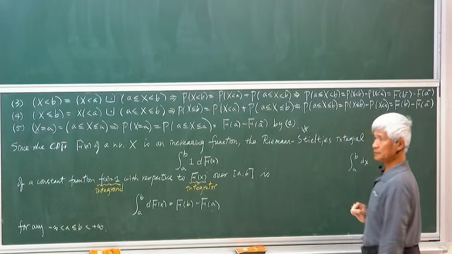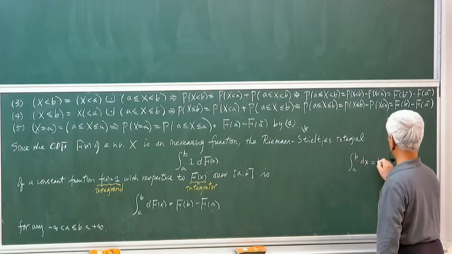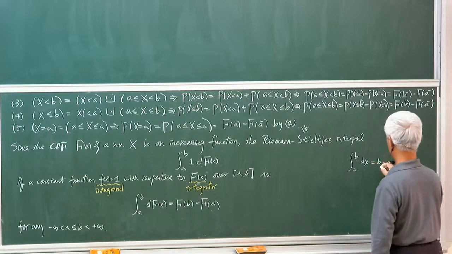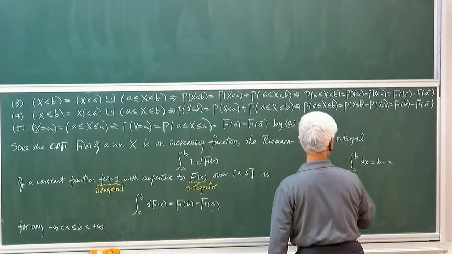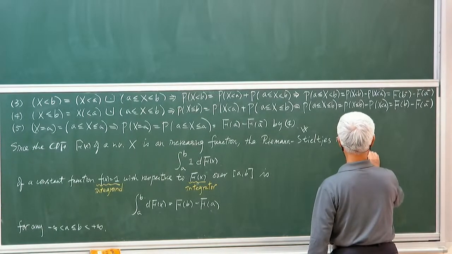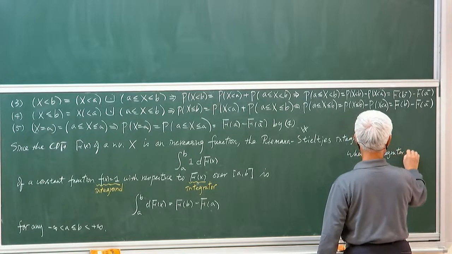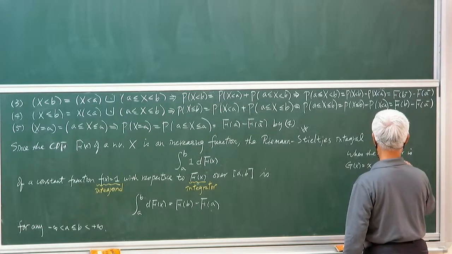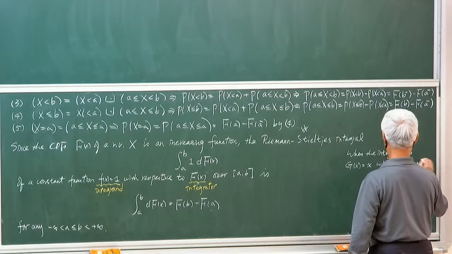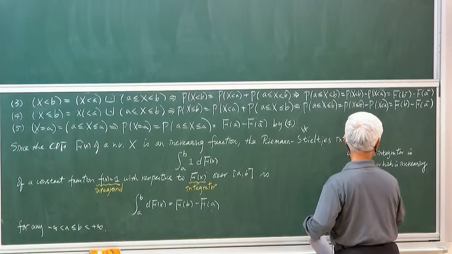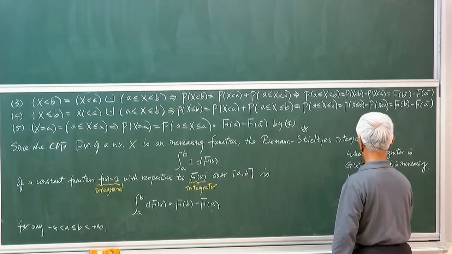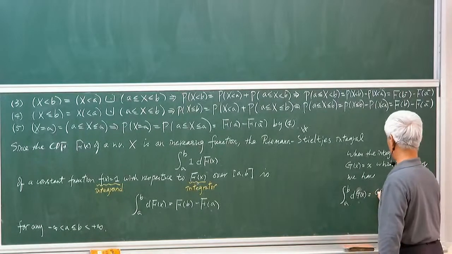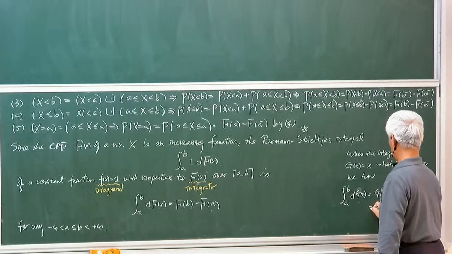So you can think about that. If the integrator is x, say g(x) equal to x, which is increasing, then dx over [a, b] is g(b) minus g(a), so this is b minus a.